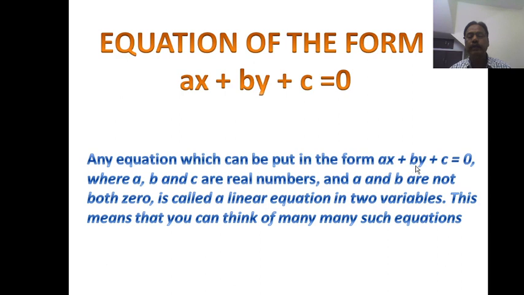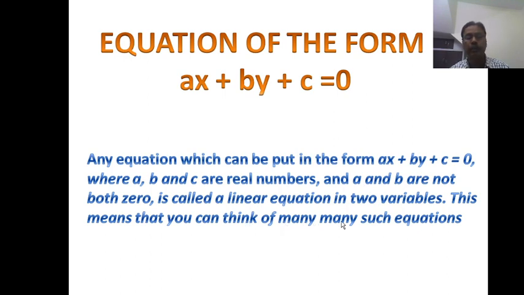If a and b become 0, the equation will become c equal to 0. It will not be having any variable. So why is it called linear equation in two variables? So a and b should not be 0. Understand?